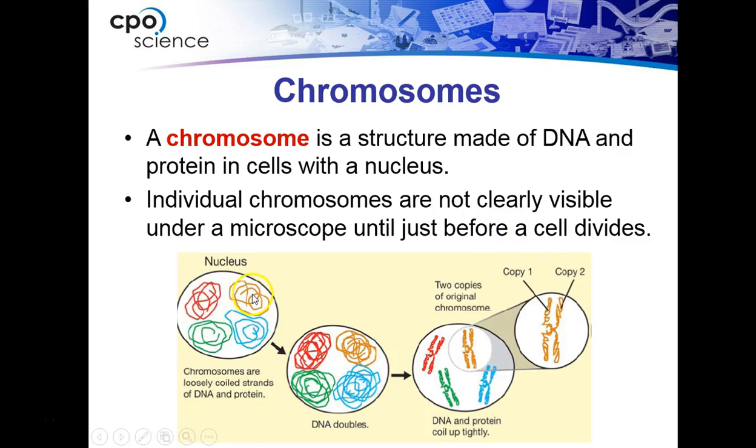Normally the DNA is arranged in just kind of bundles that are loosely woven together in the nucleus. As the cell begins to get ready to divide, these structures organize themselves and coil up into these chromosomes. So only when the DNA is in chromosome form is it visible in the cell.